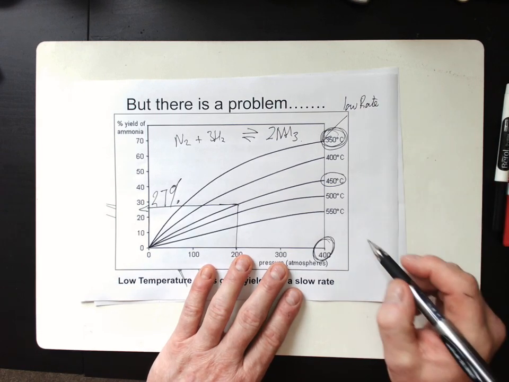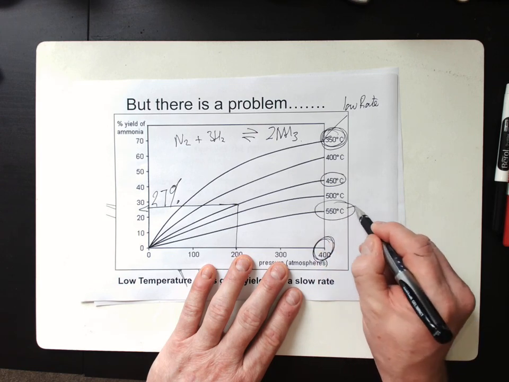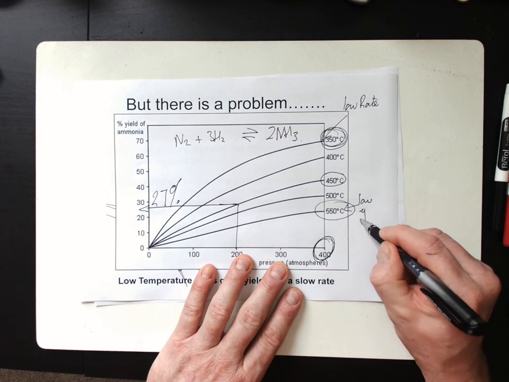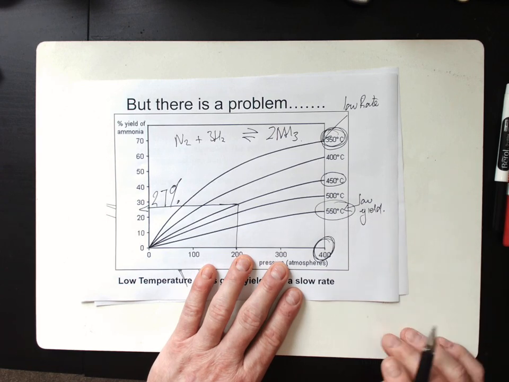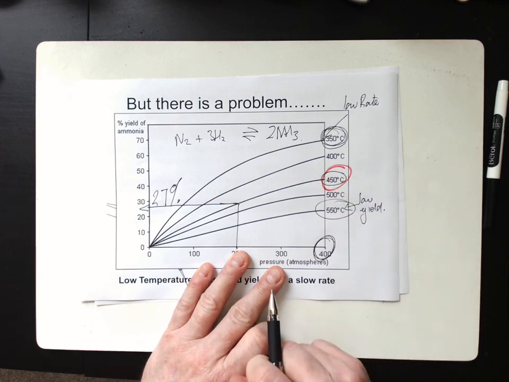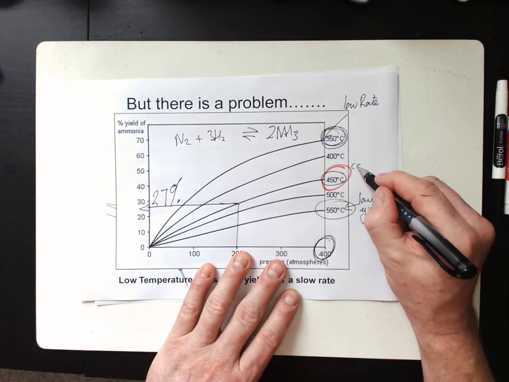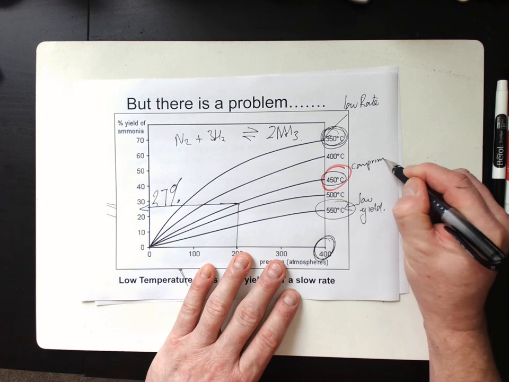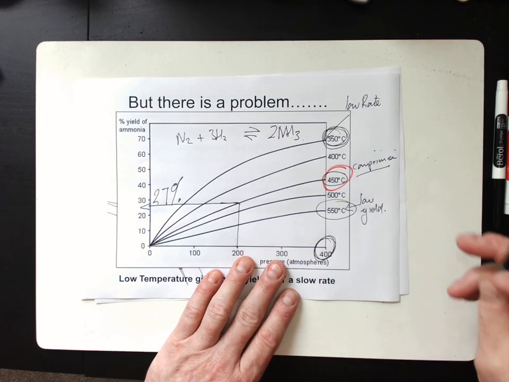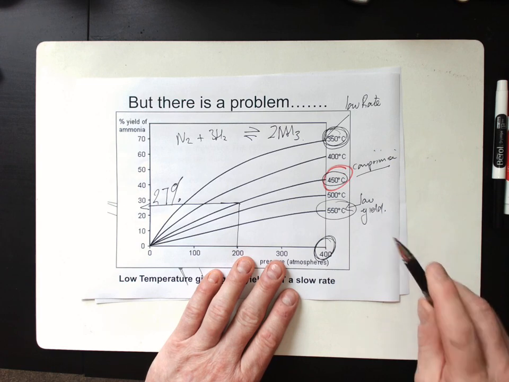So why not use a really high temperature to get a really high rate? Well, if I use a really high temperature, now I get a really low yield. And if you remember earlier, I spoke about the word compromise, and that's exactly what this is. I now use a compromise temperature where I get a reasonable rate and a reasonable yield.